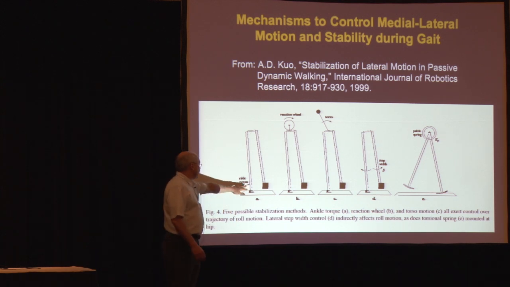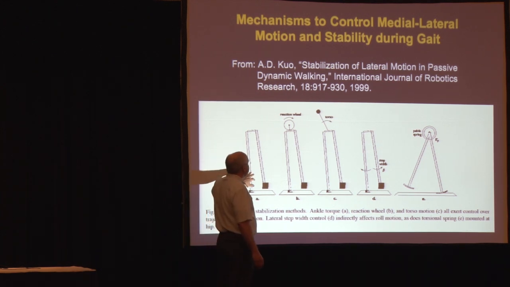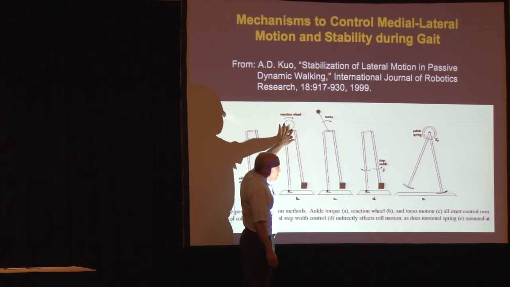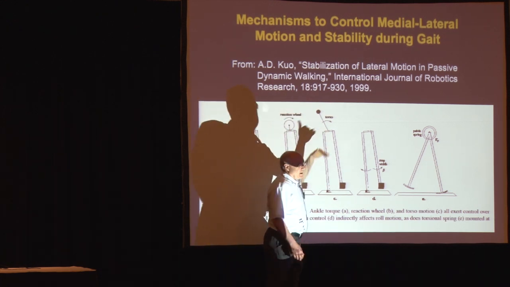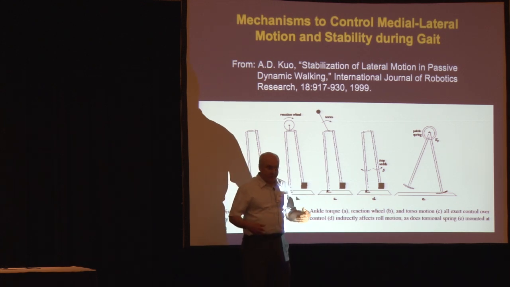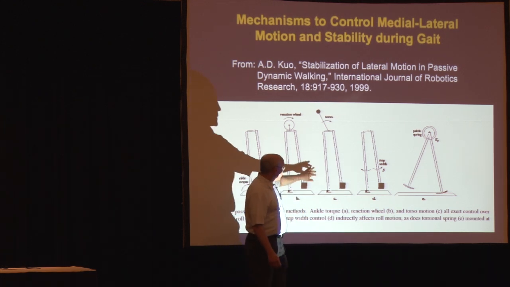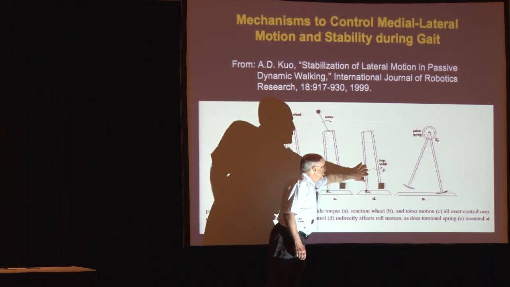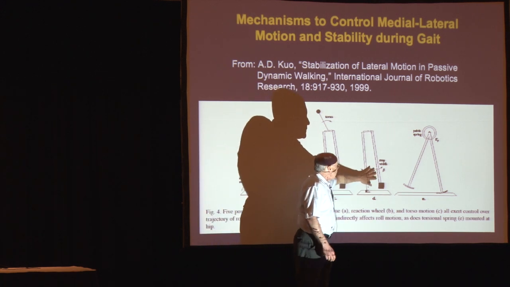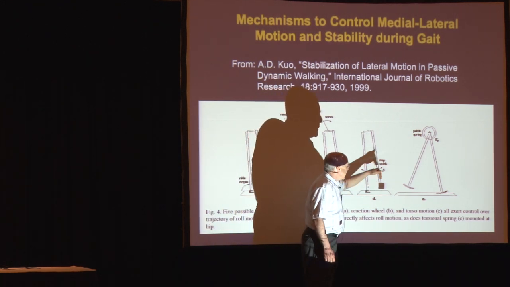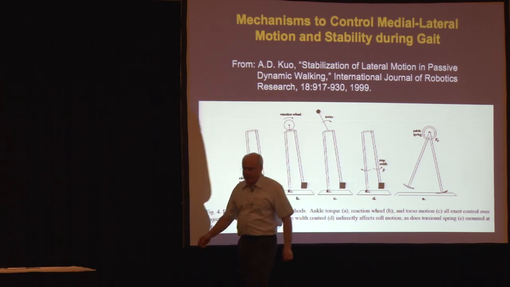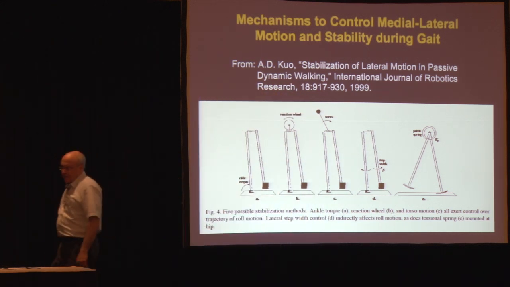So you can have the ability to exert ankle torque in the stance foot, this reaction wheel thing, and then also something related to upper body torso motion to create a reaction torque. Varying the step width, which seems to be the main focus for controlling medial lateral sway, and then also a torsional spring deal.